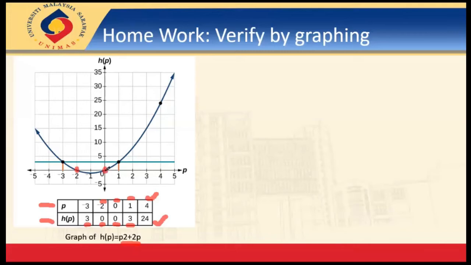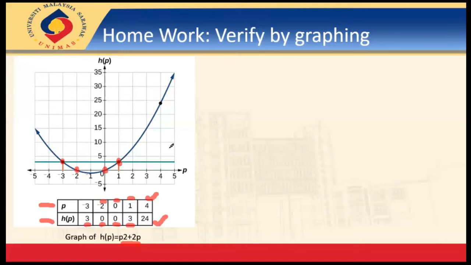At negative 3, if negative 3 is the input, the output is this one, positive 3, right? Yes, sir. Okay, good. And if the input is 1, then the output is again 3.